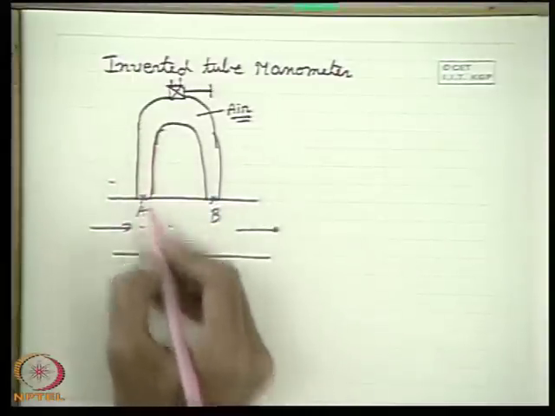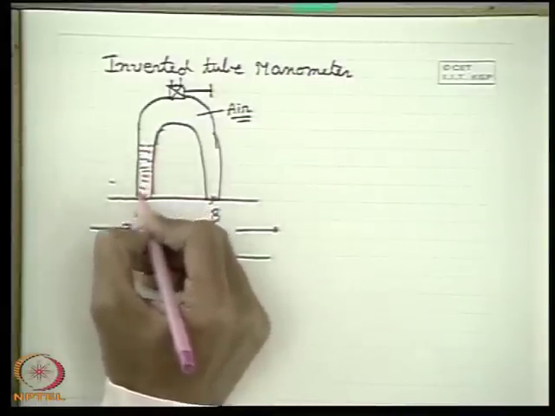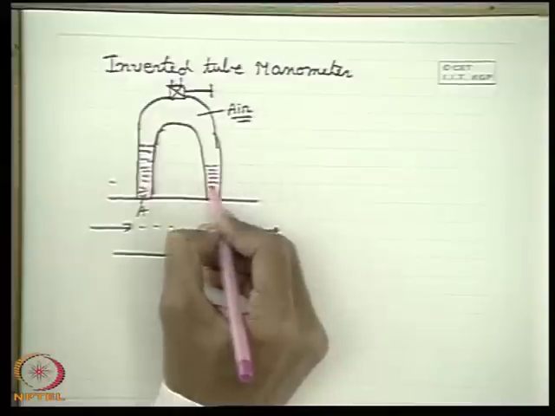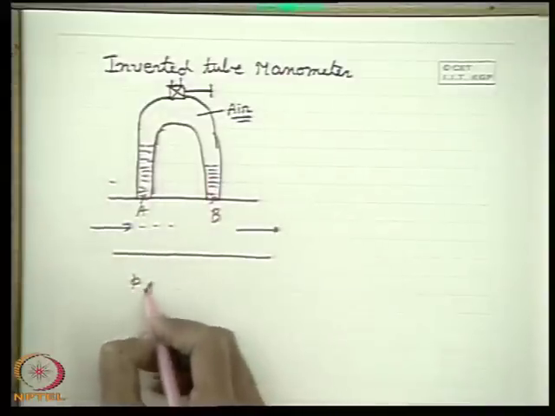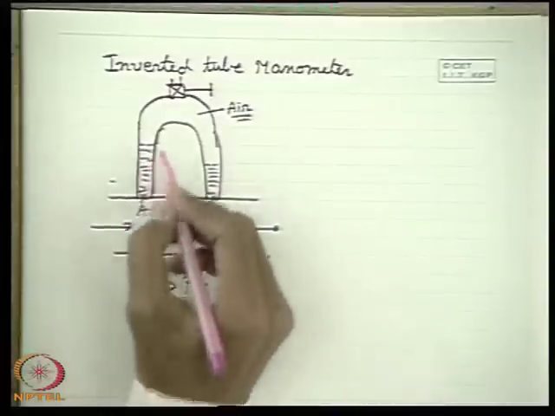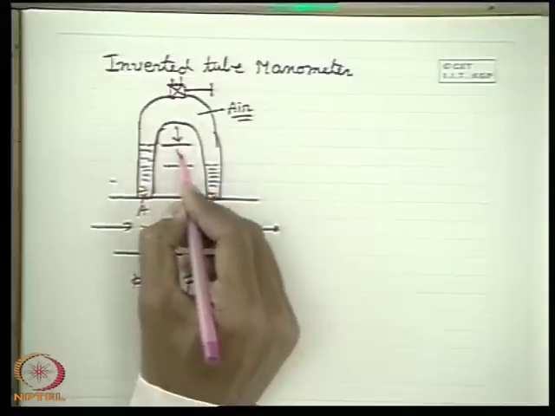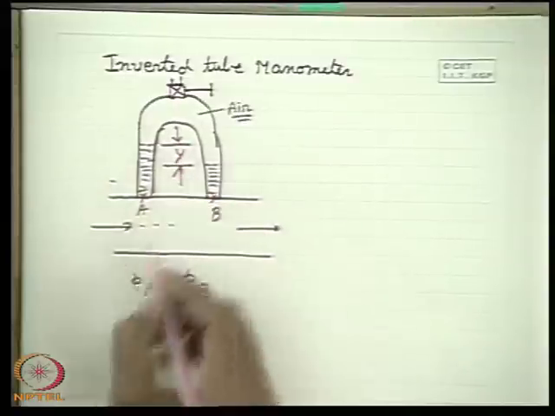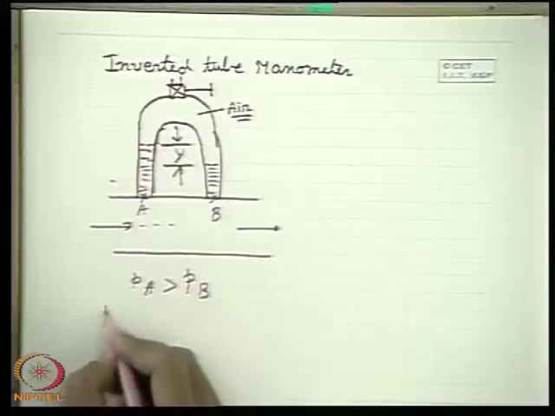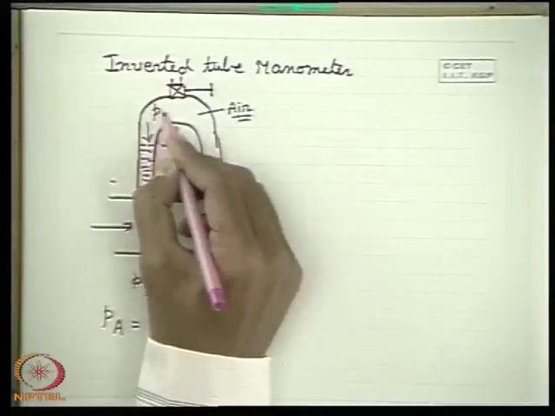So, the working fluid, depending upon the pressure, will go inside. For example, if the pressure PA is greater than PB, that will be adjusted. It is very simple. So, if we measure this height, let this side be y, then we can get simply the PA here is equal to some pressure, let the air pressure be P0.